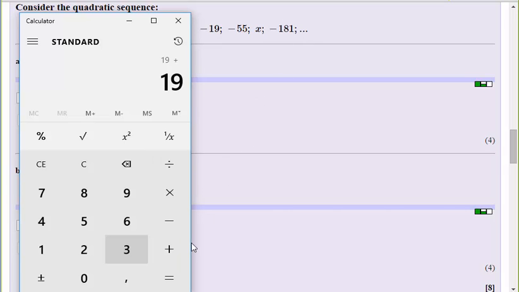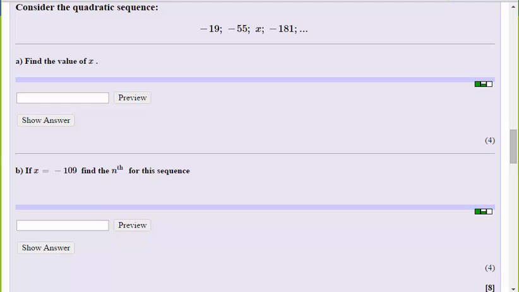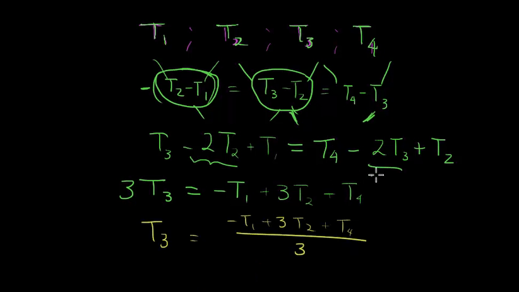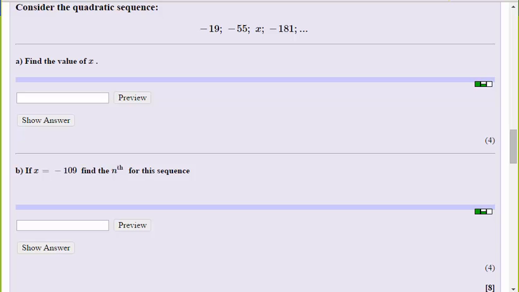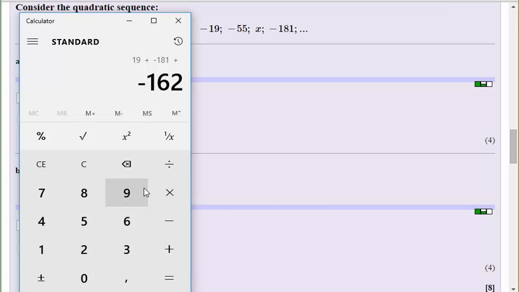Plus term 4, which is 181 with a negative. Plus, was it positive? That's positive term 2. Term 3 does look right, but I think that's where the mess up comes.